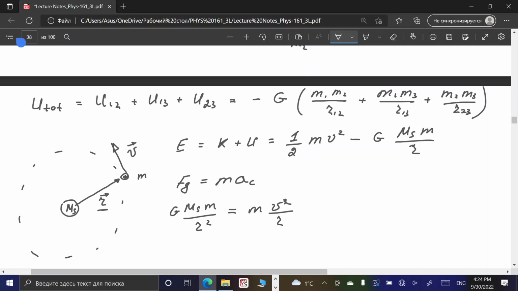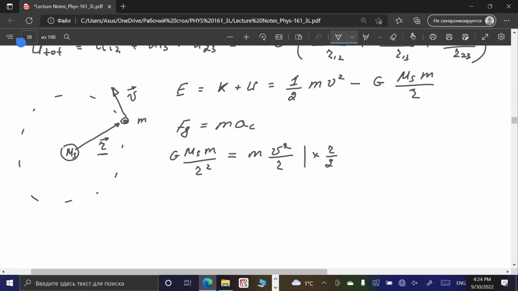So now what we can do, let us multiply the left and right side of this equation by r over 2. And let's see what we get. It will be G times Ms times m over 2r, and that will be equal to m v squared divided by 2.